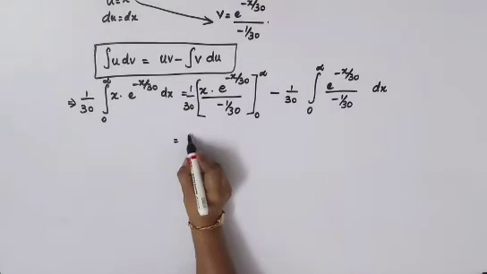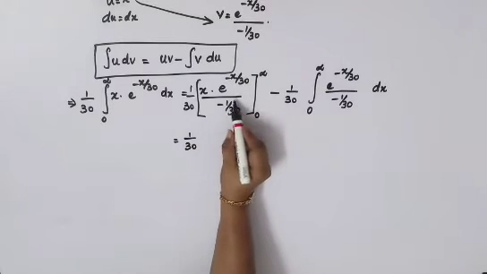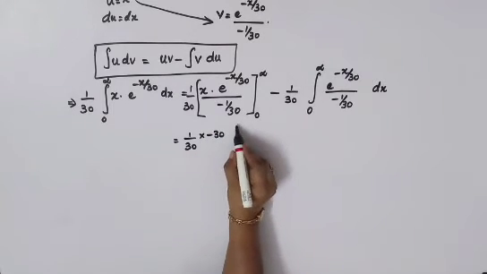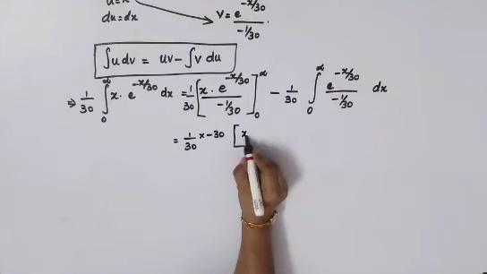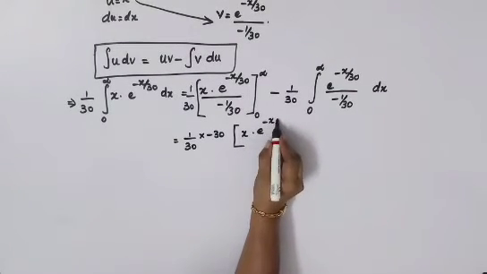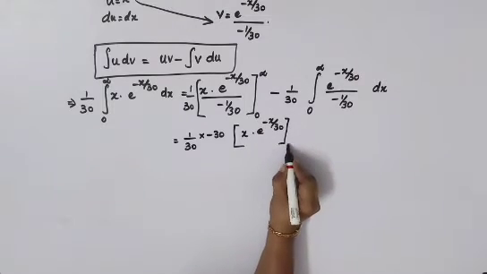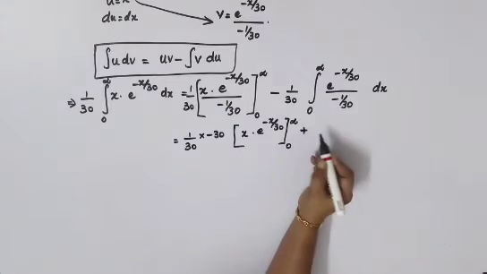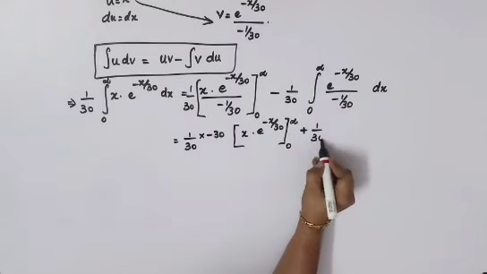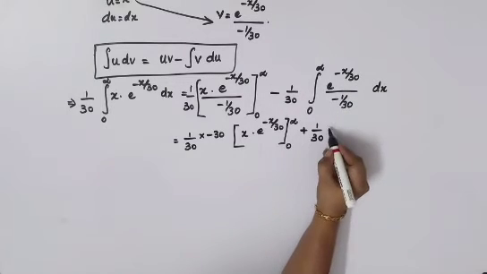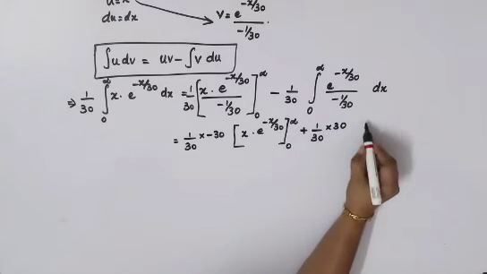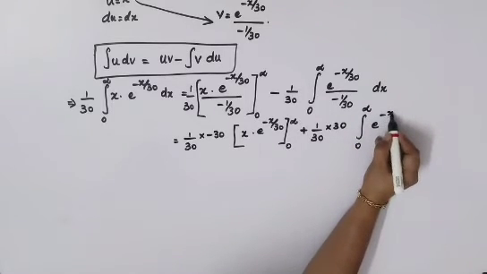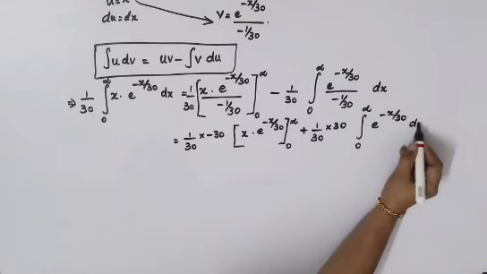This 1 by 30 is there as it is. Now you can take this minus 1 by 30 to the numerator, so it becomes minus 30 into x into e power minus x by 30, with limit from 0 to infinity. Now this minus and this minus will become plus, and again 1 by 30 goes to the numerator as 30, into integral from 0 to infinity of e power minus x by 30 into dx.